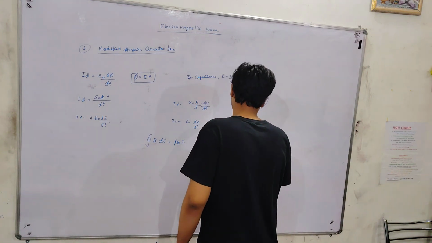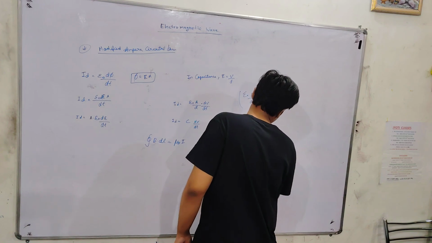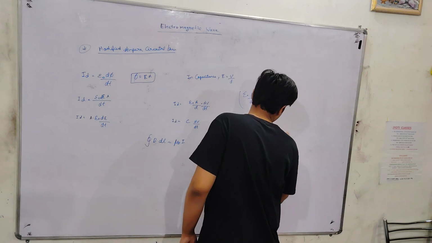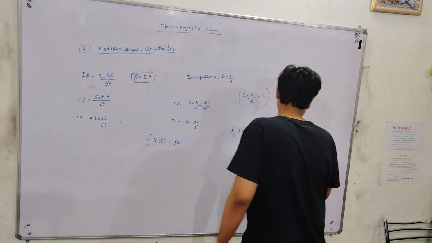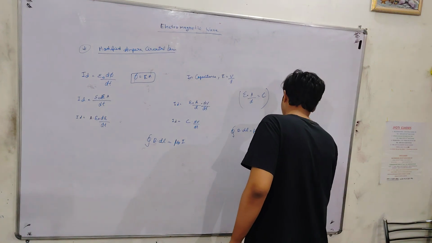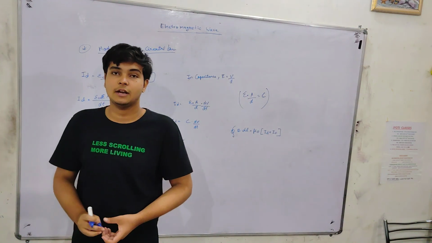So the formula will be like this: mu naught times displacement current plus conduction current. This will be the formula of modified Ampere circuital law.